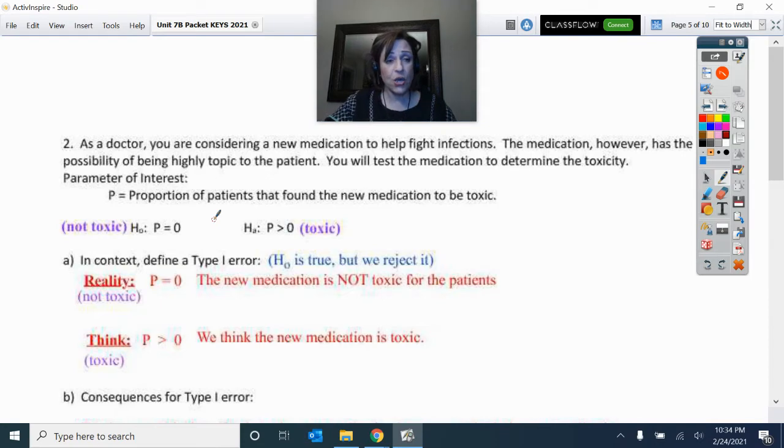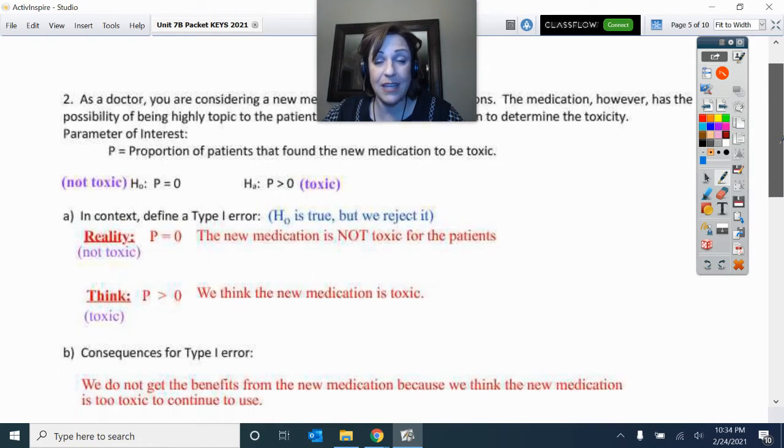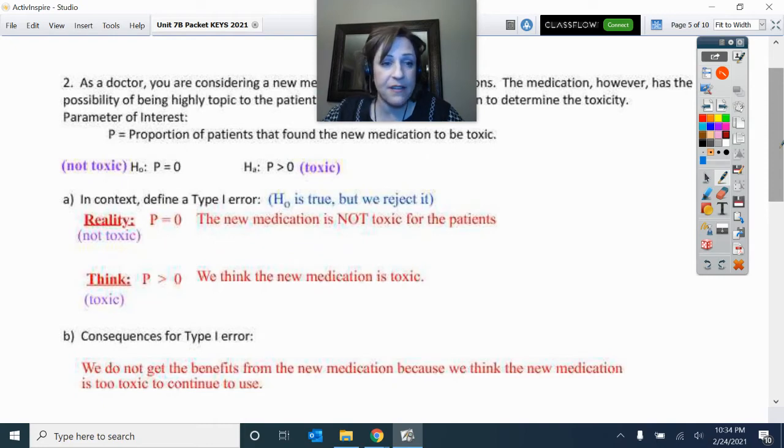Not being toxic, but do we have evidence? For the alternative, do we have a high enough proportion that we say, this is significant, and it seems as though we have a highly toxic medication, one such that we would not want to use it, even if it has benefits against the infections.